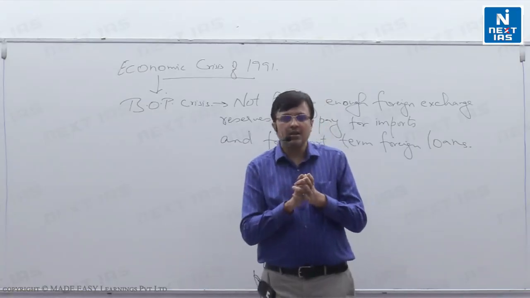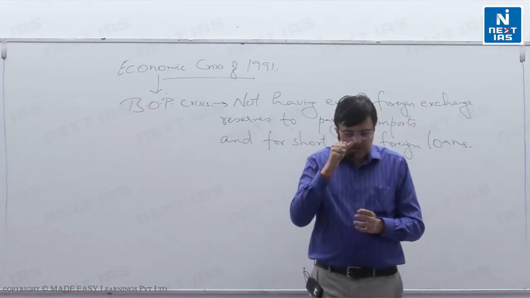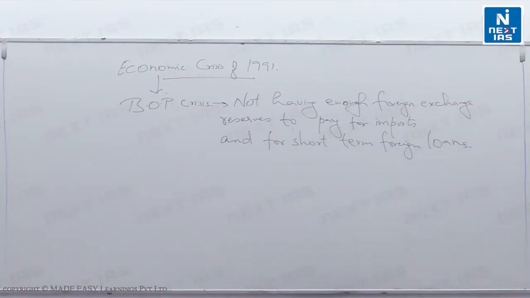All right. Let's see this. Then you write in that: high fiscal deficit in 1990 was both due to central and state government.